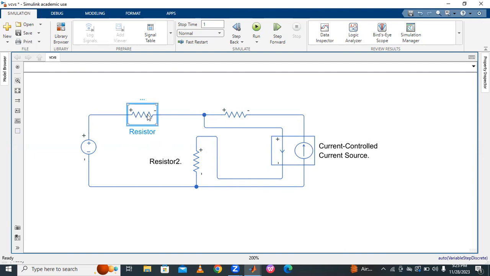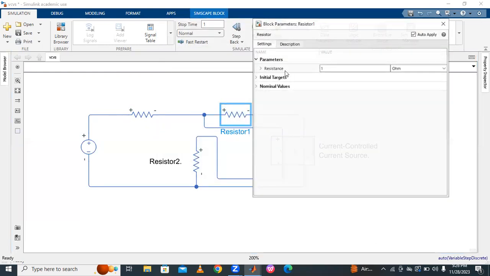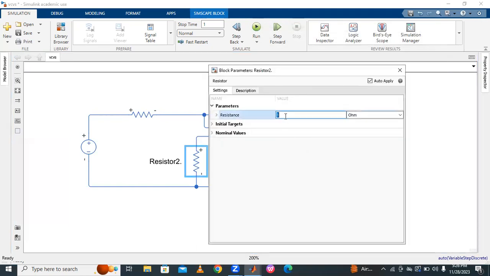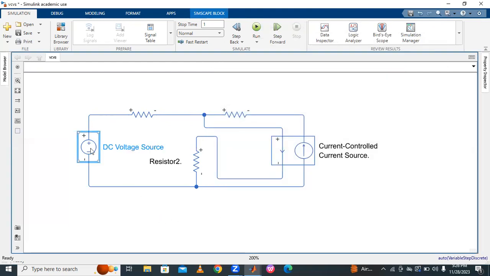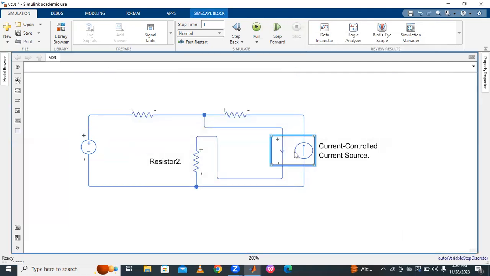And then next change the value of the resistances from 1 to 10. Here also the resistance is 10, and here also change the resistance to 10. The voltage is the same as usual, and take 100 for simplicity of understanding.